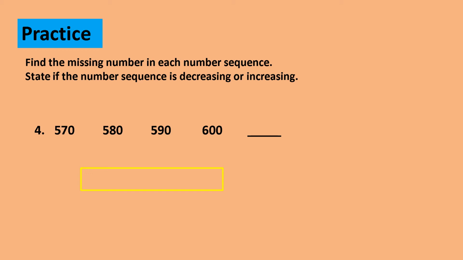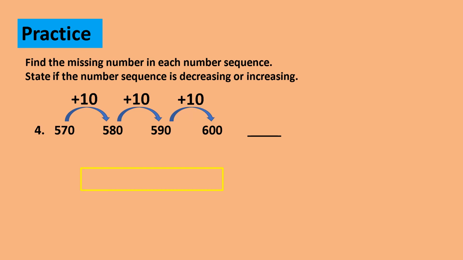That means it went up, or it increases by 10. Very good. And then from 580, it went up to 590. So that means it increases by 10.